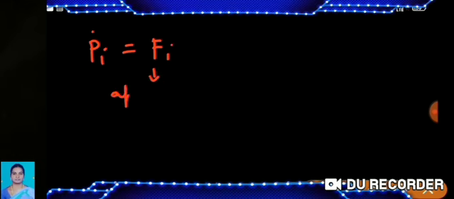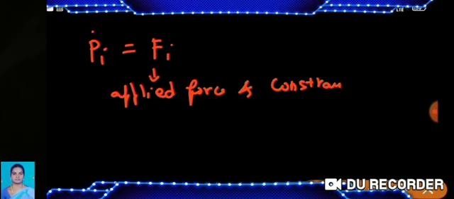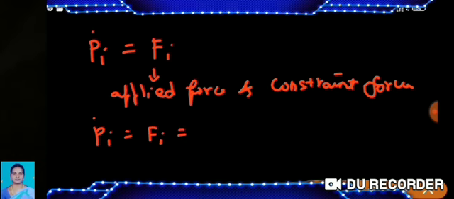So this can be written as Pi dot is equal to Fi, and Fi can be written as Fi applied force plus constraint force.